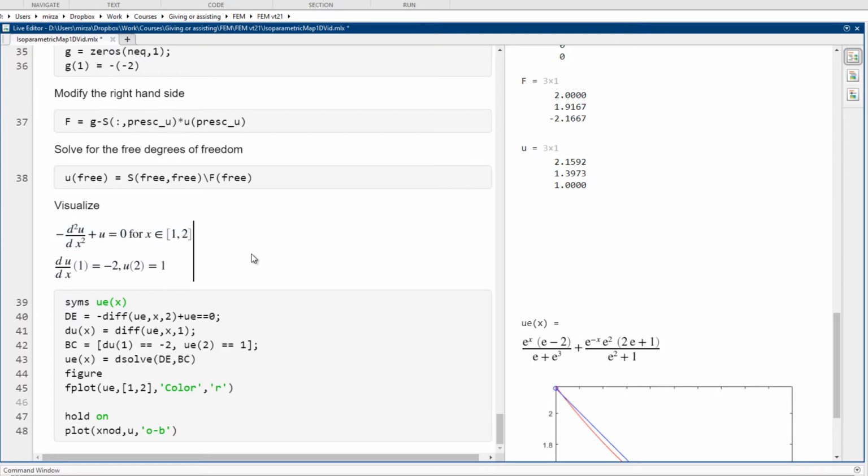So you will be wise to practice changing this second order differential equation and play around with different boundary values. They don't need to be this all the time. You can actually have 2 force boundary values.